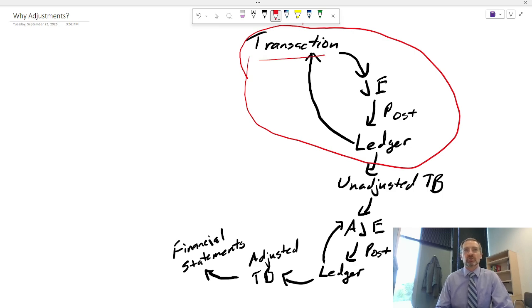Whenever the business has a transaction, we make a journal entry, and whenever we make a journal entry, we post it to the ledger. And then we have another transaction, we make another journal entry and post it to the ledger. And this is what happens 99% of the time in a business. And you can imagine how many transactions there are during a day.